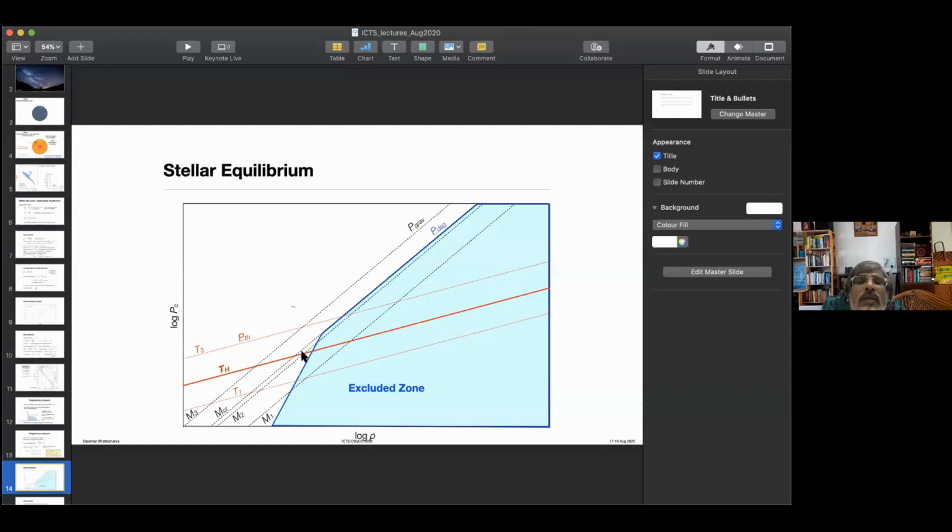M2 will undergo hydrogen burning, and I have not shown the next nuclear burning stages. So it will go through some nuclear burning and it will end its life as a white dwarf. M3 is too massive to be supported by electron degeneracy pressure, so it cannot end its life as a white dwarf. So it will proceed to form either a neutron star or a black hole.